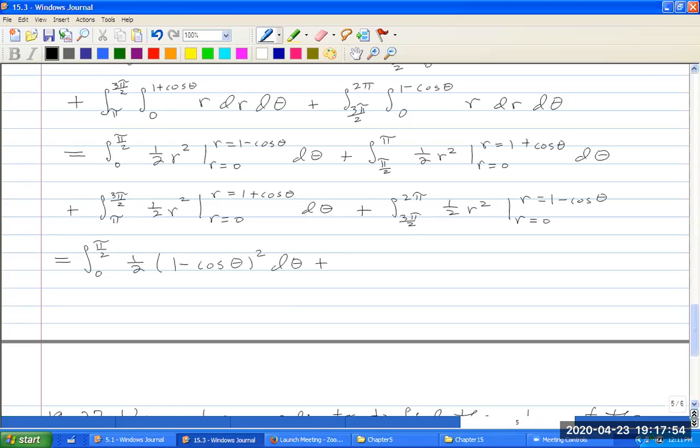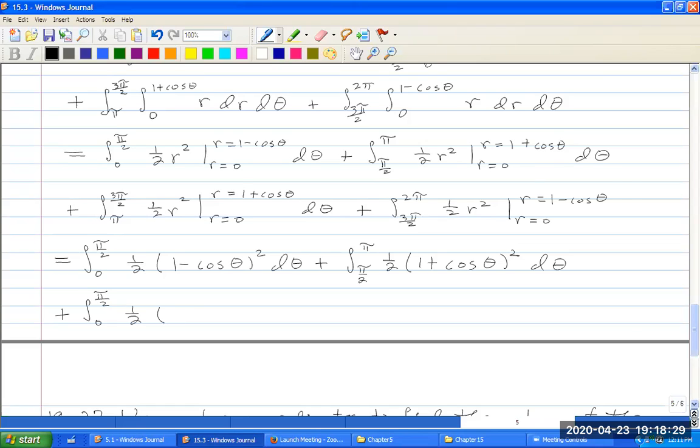Plus the integral from pi over 2 to pi, so it's 1/2 times 1 plus cosine of theta squared minus 0, plus the integral of 1/2 times 1 plus cosine squared.